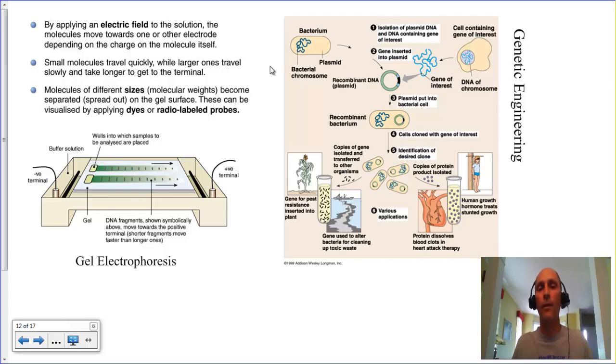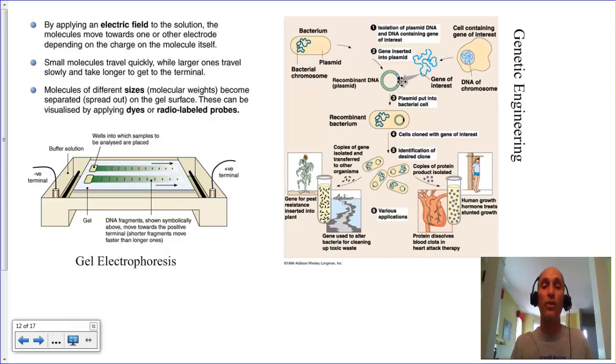And then the other thing that we can do with it, once we've isolated the gene of interest, like in this picture right here, we have a bacteria, and the bacteria has its chromosome, and it has what are called plasmids. We can take out the plasmid from the bacteria, we can isolate that, we can expose that to a gene of interest that we have pulled from this gel, and we can put them both together in a little test tube, and add a little enzyme in there called ligase.